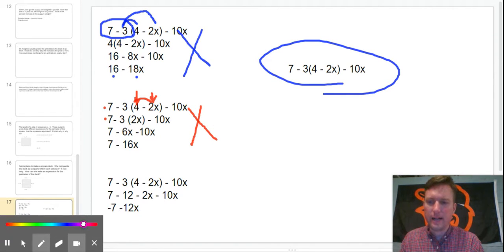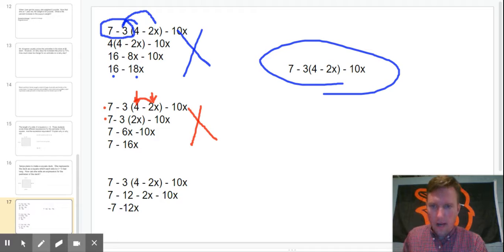Okay, last one. Let me get a snazzy color down here. Okay, I have 7 minus 3 times 4 minus 2x minus 10x. Okay, let's see what they did here. Oh, look, great. They multiplied this 3 times 4 because they know that the first step that they need to do is take care of the parentheses.